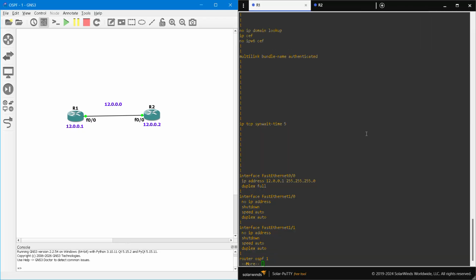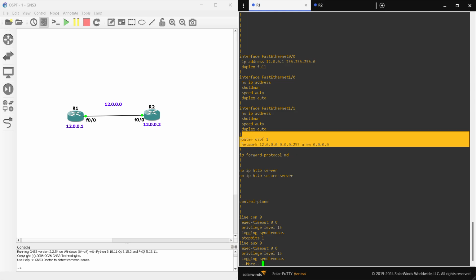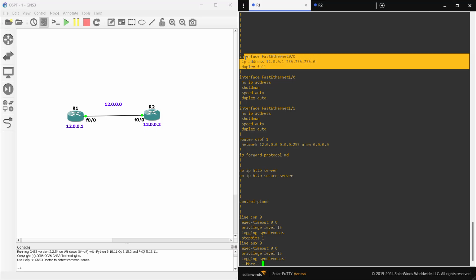As you can see here, it tells us the command that we used to enable OSPF along with the process ID, then network along with the network and the inverse mask, followed by area. The interesting thing to note here is it also tells us on which FastEthernet OSPF is enabled, along with its IP address and subnet mask.